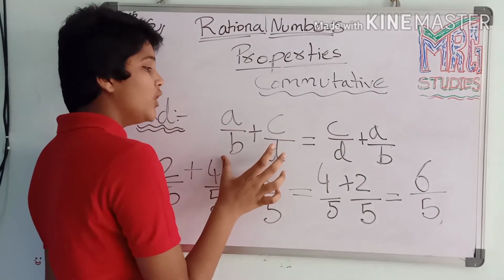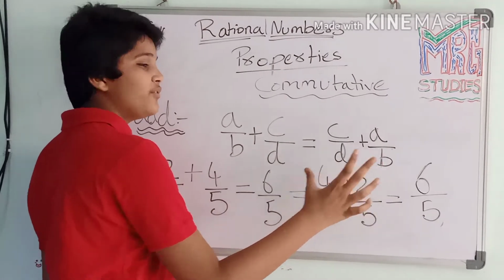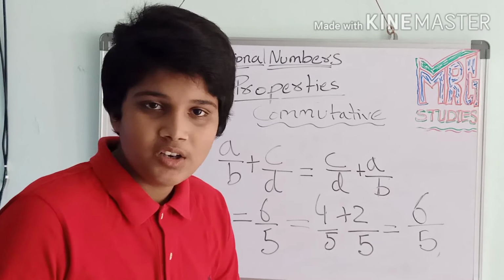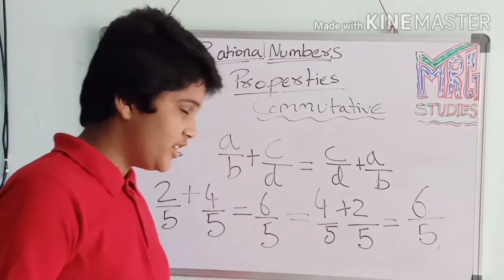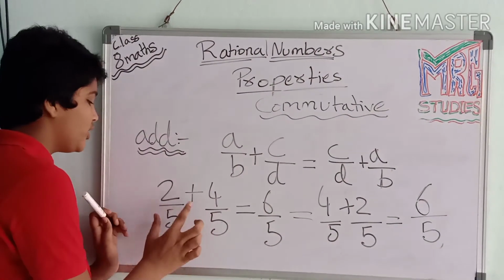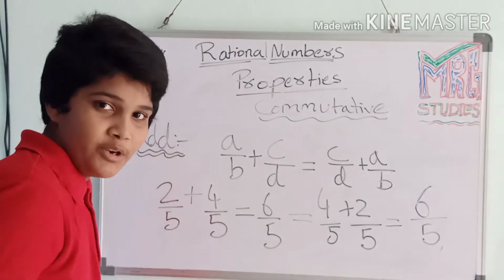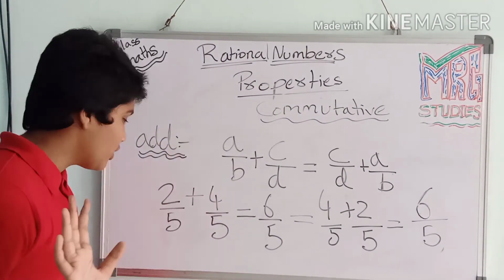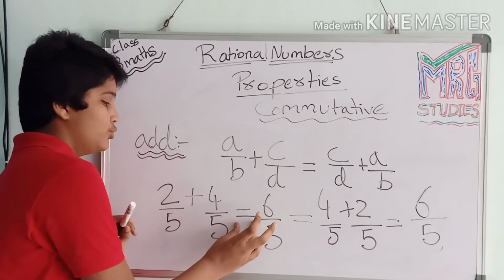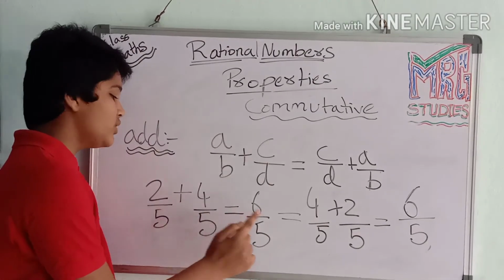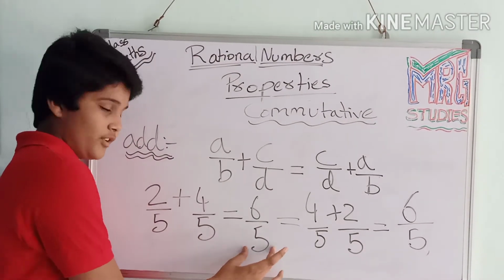When we reverse the fractions in addition, will we get the same answer or not? We should do that now. See here, for example, 2 by 5 plus 4 by 5. We should keep the same denominator. So equals 6 by 5, means 2 plus 4 is 6, and 5 is there, so we keep 5.